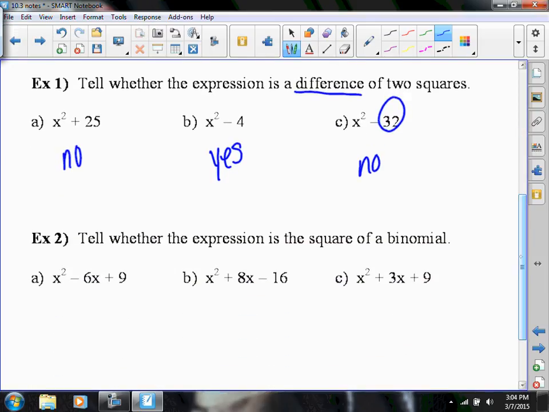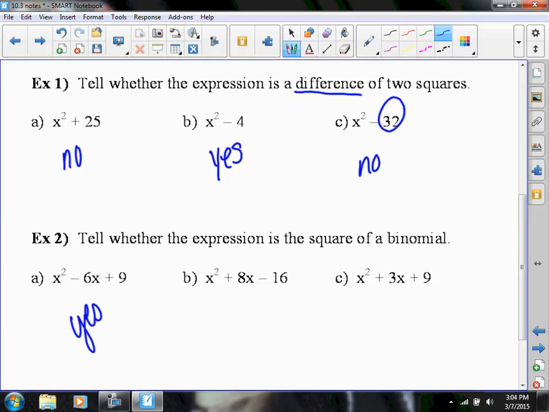Okay, so example number 2, I have a minus plus for my signs, so that works. I have my x squared. 9 is a perfect square. So the square root of 9 is 3, and then 3 times 2 is 6. So this is double our number that would have been in the parentheses. So yes, this one follows the square of a binomial pattern.